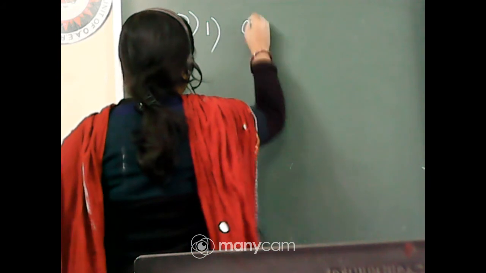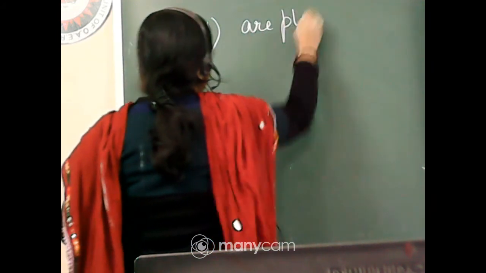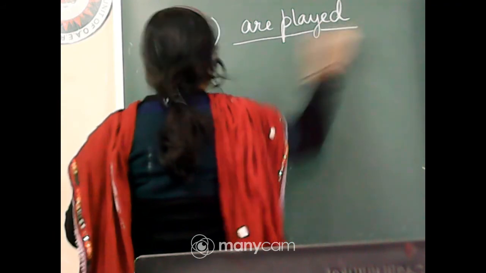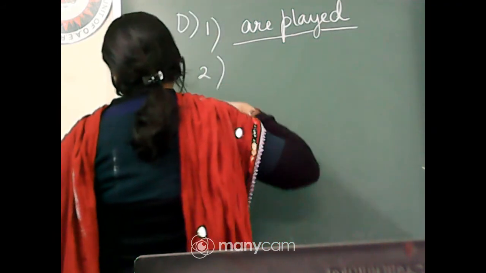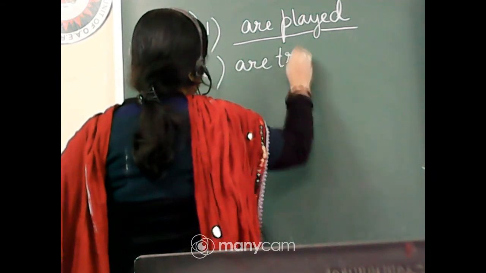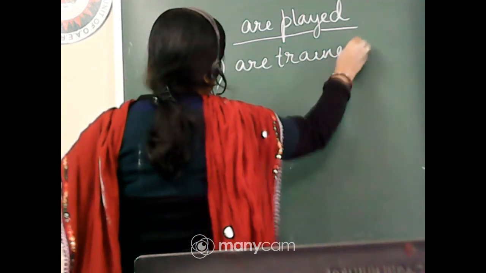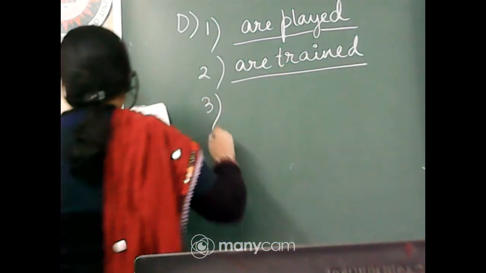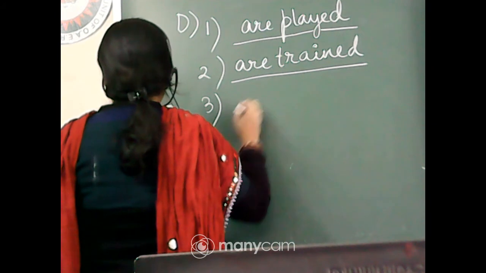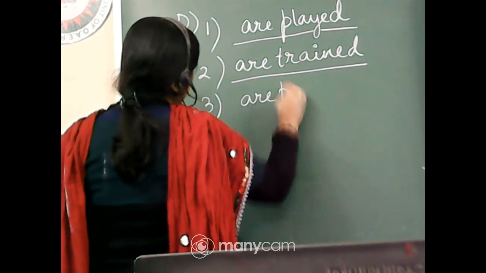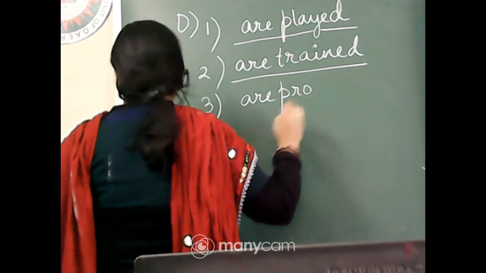Indian Premier League matches are played. Number 2, all the swimmers are trained. According to the subject, we will write is or are. I'm sure you already know. We have already done the chapter subject verb agreement. The earthquake victims are provided, because everything is to be done in the simple present tense.